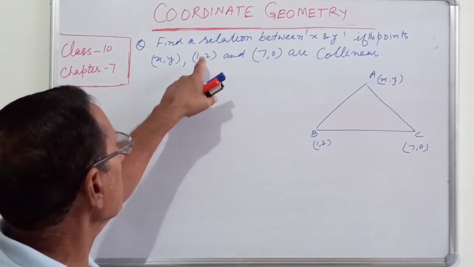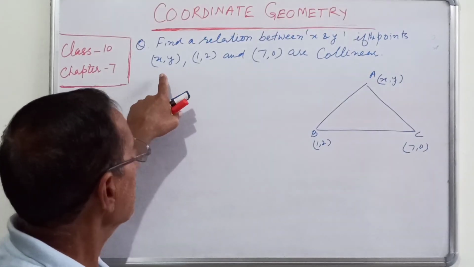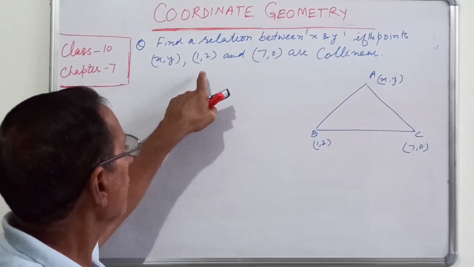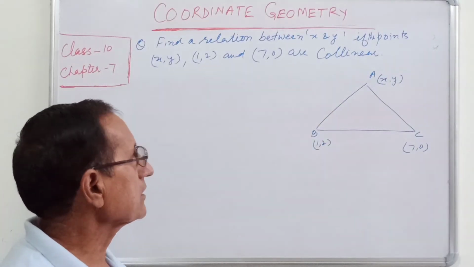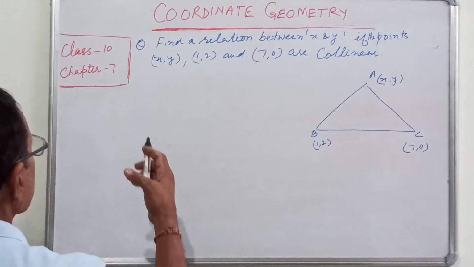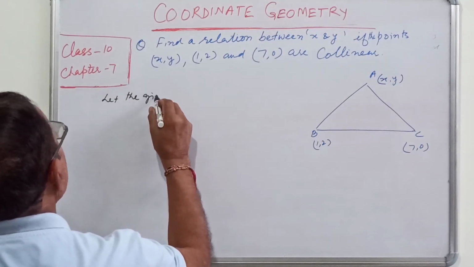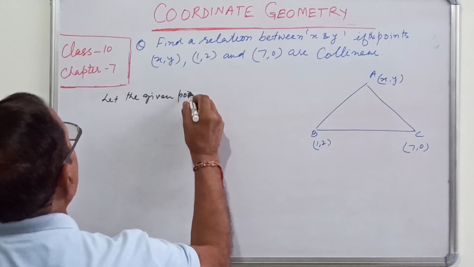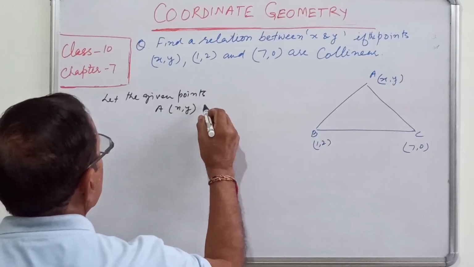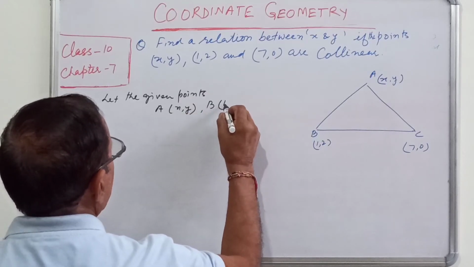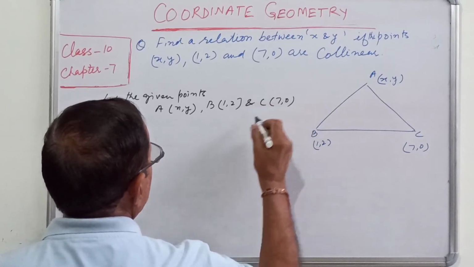The next question: find a relation between x and y if the points (x, y), (1, 2) and (7, 0) are collinear. So let the given points, A is (x, y), B is (1, 2) and C is (7, 0).